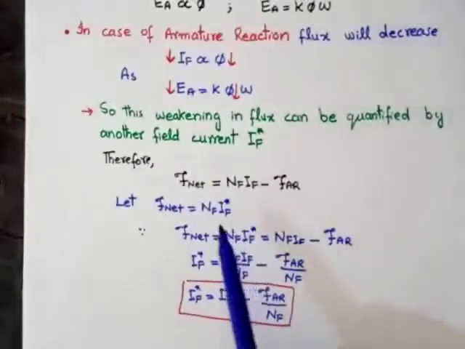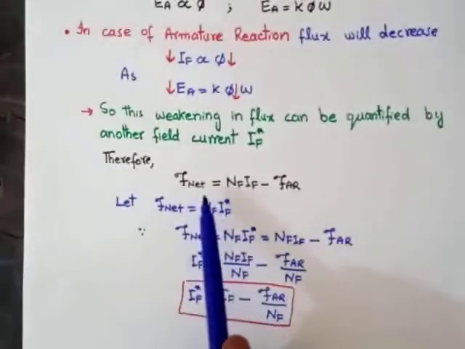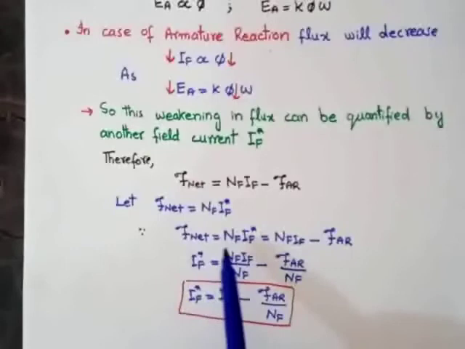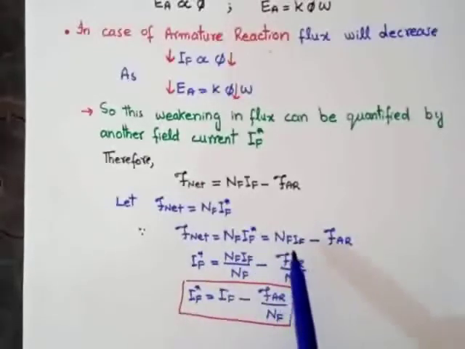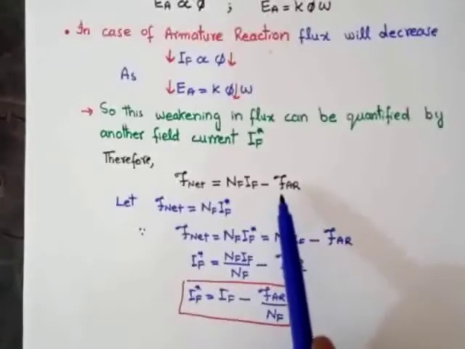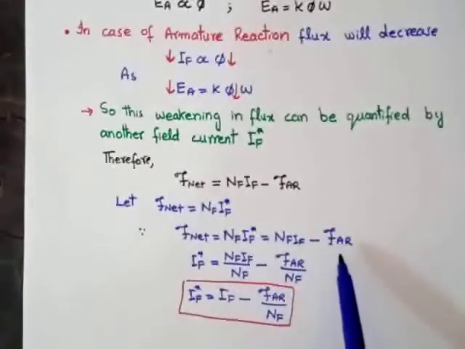Now, by putting the value of F net in this equation, we get NF into IF dash is equal to NF IF minus magnetomotive force due to armature reaction.